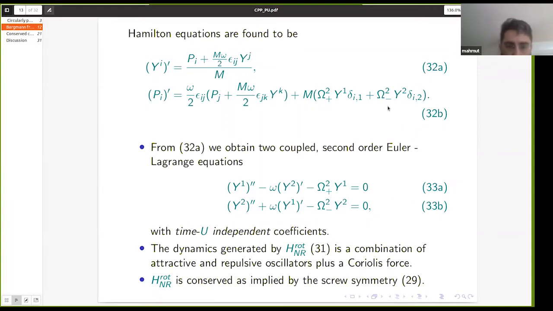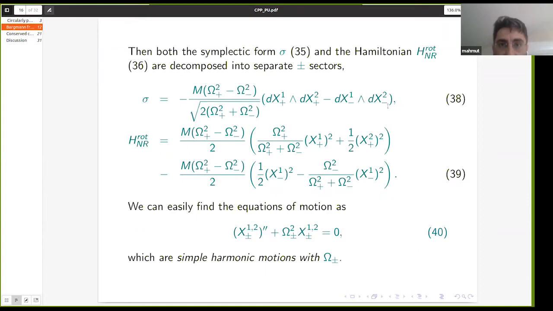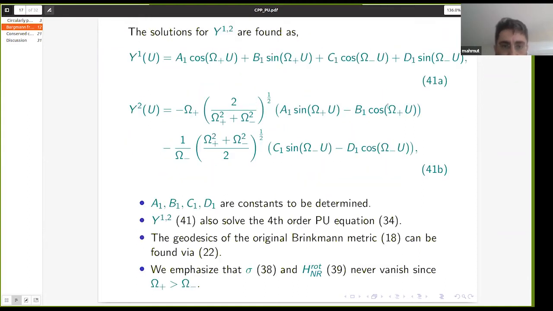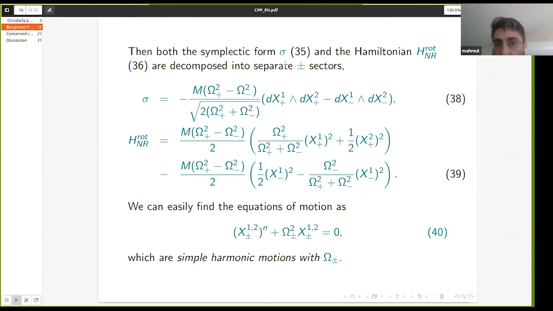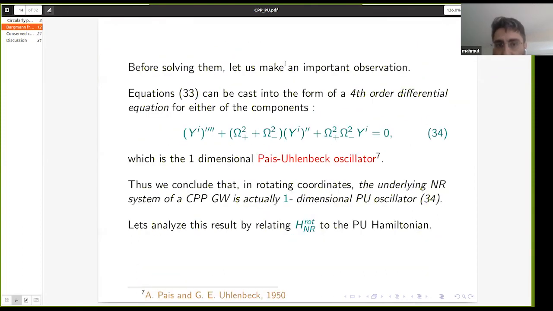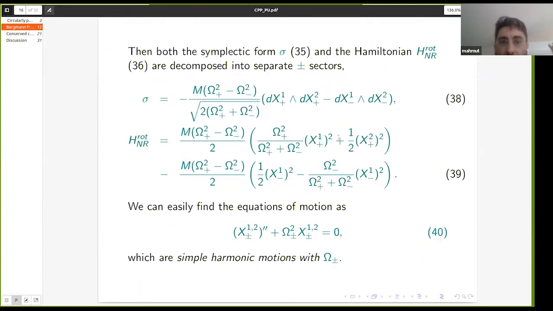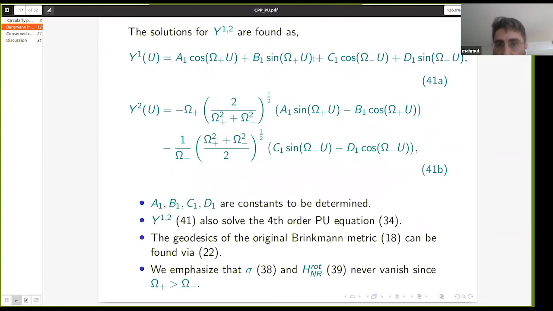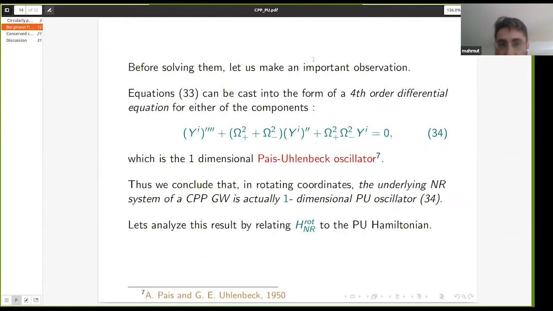So very nice. Now I don't have too much time here, but I showed that the equations of motion and these solutions actually solve the fourth order Pais-Uhlenbeck oscillator. And we have 4 constants of motion, which is very consistent because this is a fourth order equation. Very good.